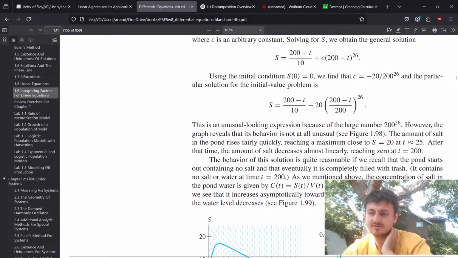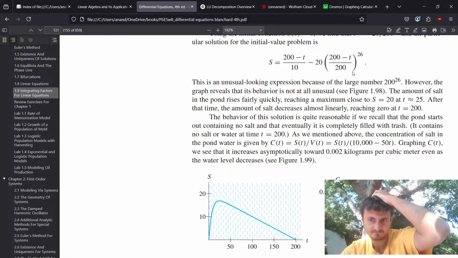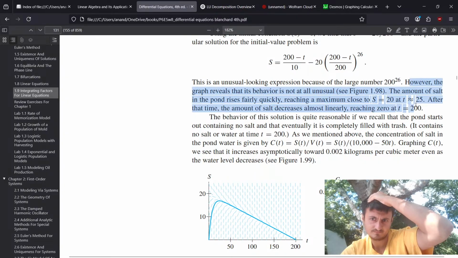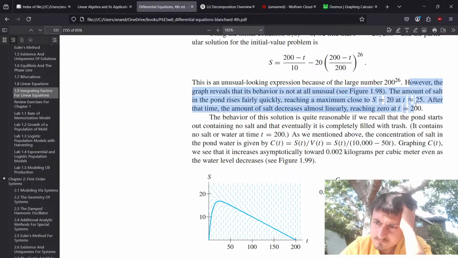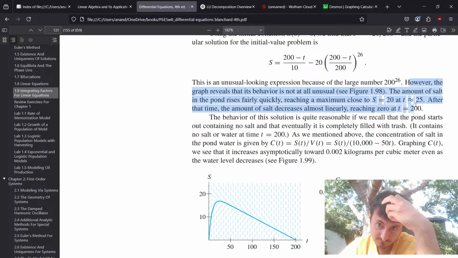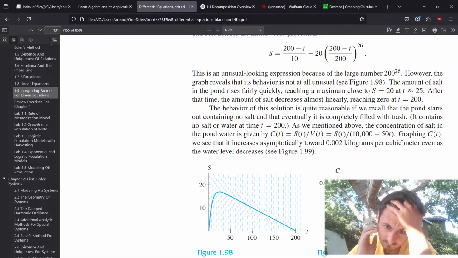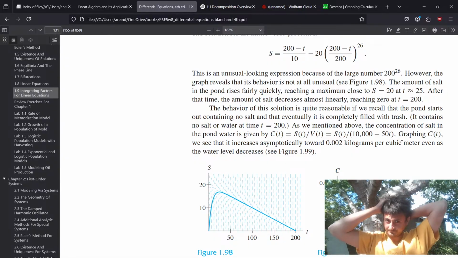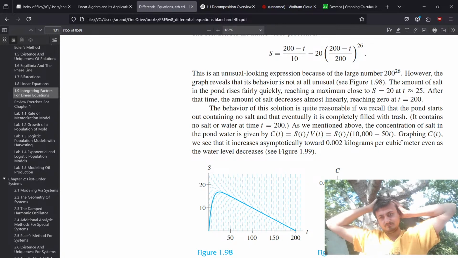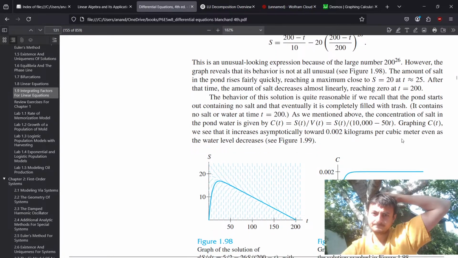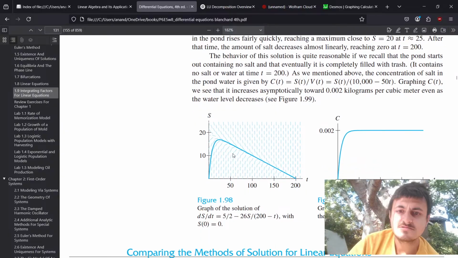Yeah, because of the large number, 200 to the 26. So the concentration saturates.